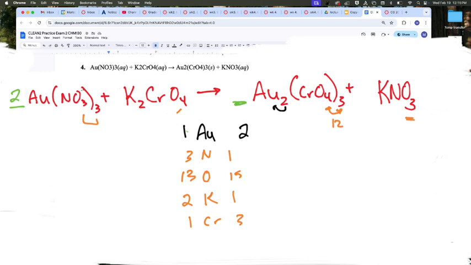Everywhere. Oxygen's going to be really, really hard to balance. So if you're going to structure your balancing based off of atoms, oxygen should not be early in your list. It needs to be at the bottom of your list. And what we're hoping is that when we balance everything else and we get to the oxygen, it already balances and you don't have to worry about it. But even then, it requires you do math.